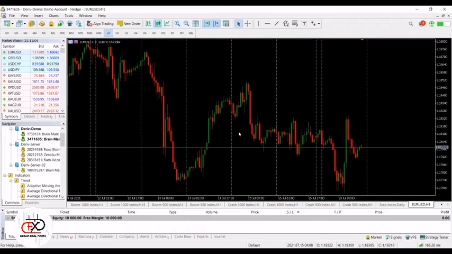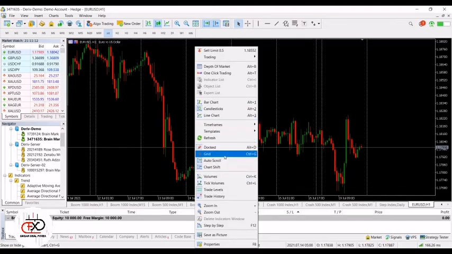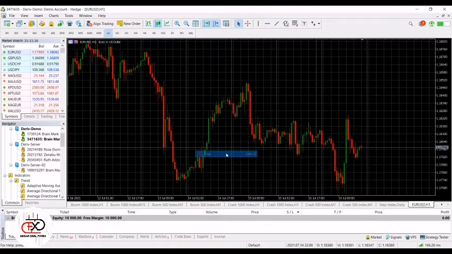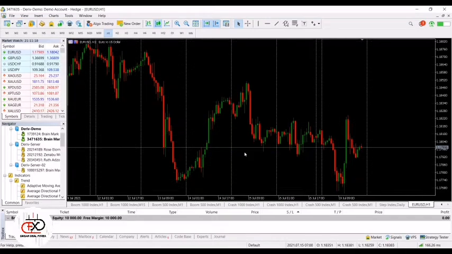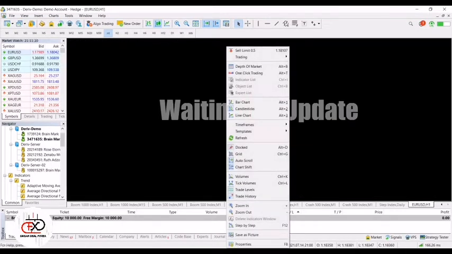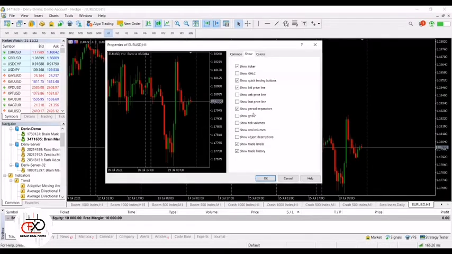Let's zoom out. So that is the time frames and the period. I'm taking the period off because we are going to select the durations ourselves. Going back to properties and check period separators.